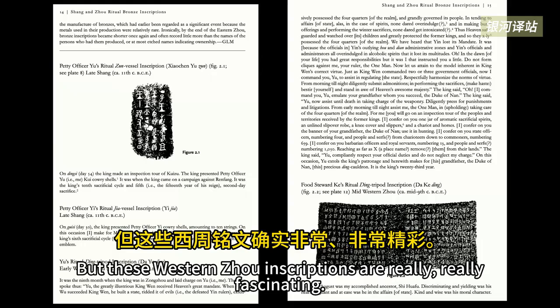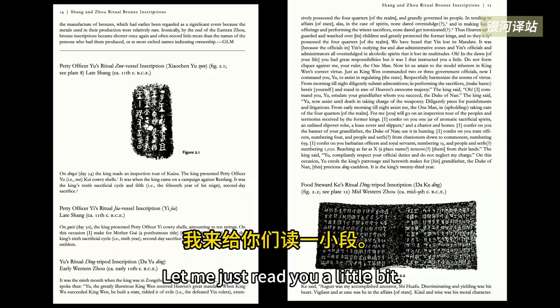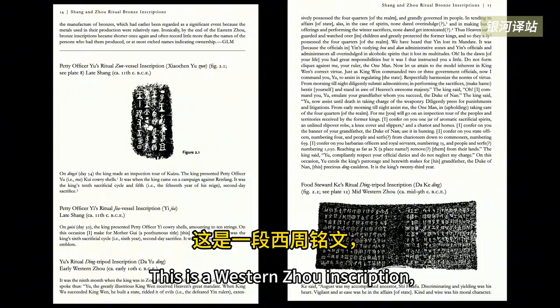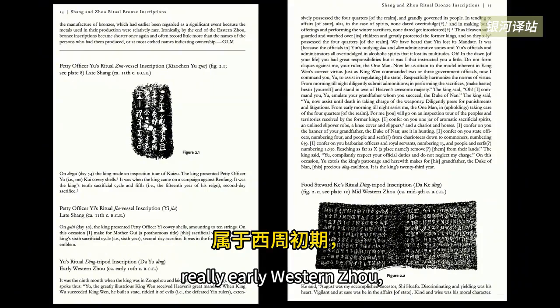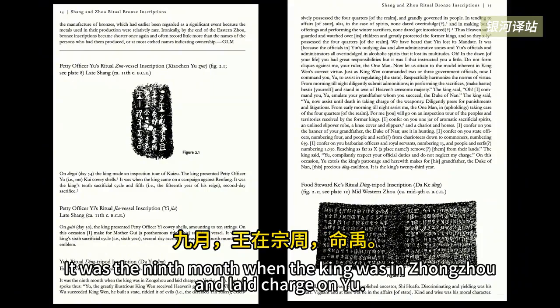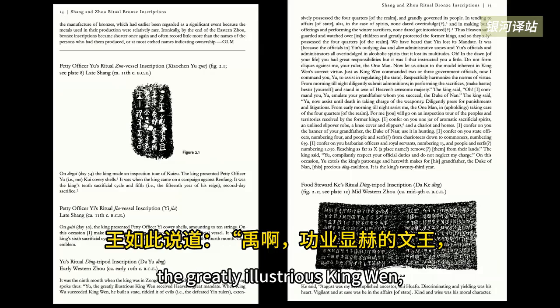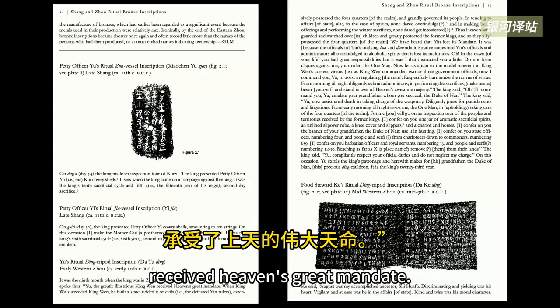But these Western Zhou inscriptions are really, really fascinating. Let me just read you a little bit. This is a Western Zhou inscription, early 10th century BCE, fairly early. "It was the 9th month when the king was in Zhongzhou and laid charge on Yu. The king spoke thus: You, the greatly illustrious King Wen, received heaven's great mandate.